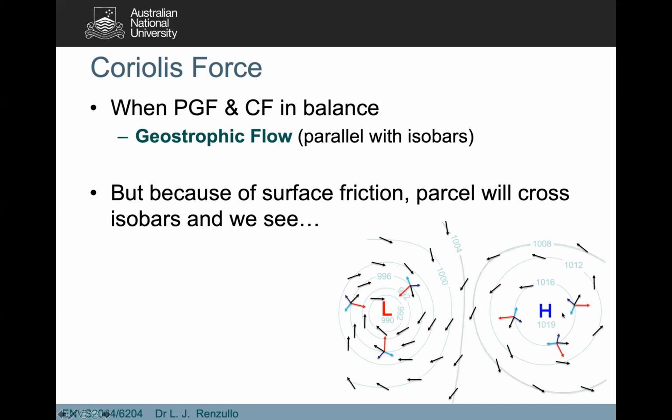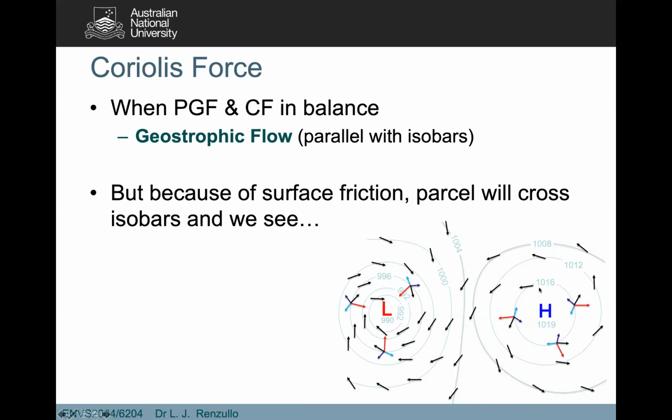So here we have an example. Here's a high pressure system with airflow out of the high towards the low, but because of the deflection of Coriolis, it wants to be geostrophic, but because of surface friction, that weakens the strength, and what ends up happening is equalization, coming counterclockwise out of the high, clockwise into the low.